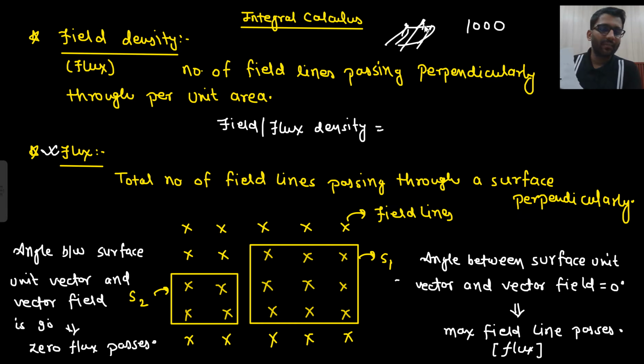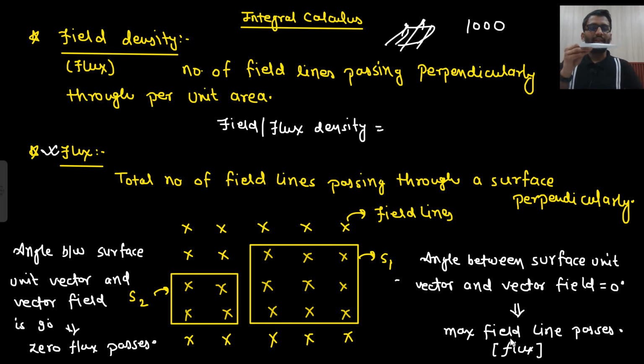What was the angle between them? Zero degree. At that time maximum flux was passing. So when the angle between the surface unit vector, which is perpendicular to the surface, and the vector field is 0, maximum field lines will pass.